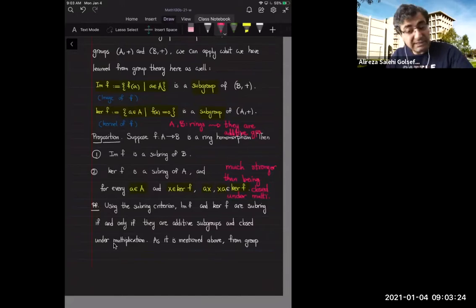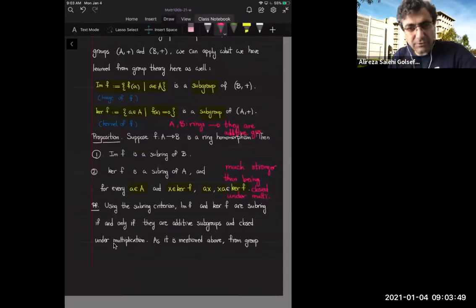I want to show that the image of f is a subring. Using the subring criterion, it is enough to show that the image of f is closed under subtraction and closed under multiplication. I need to show the same properties for the kernel of f, and a bit more.